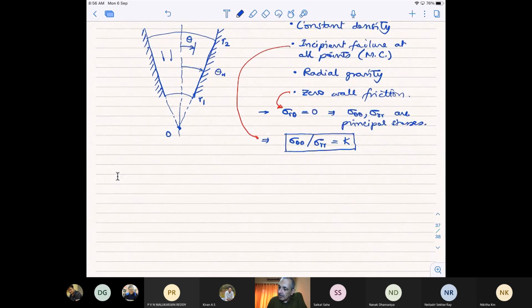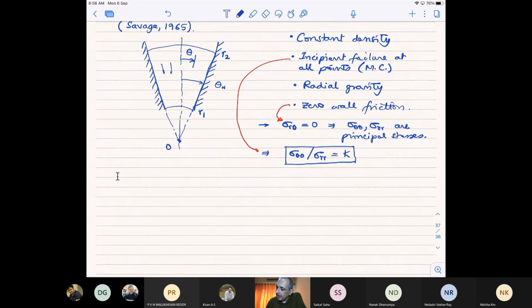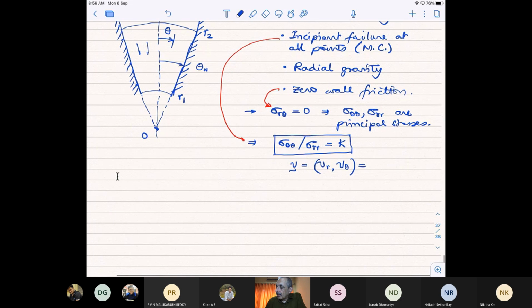Now, an additional assumption that you can make, because of radial gravity, is that the velocity, which in general will have components in the r direction and in the theta direction, is just equal to Vr of r comma 0.